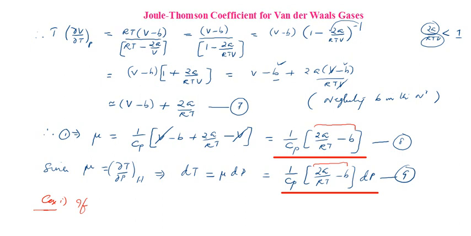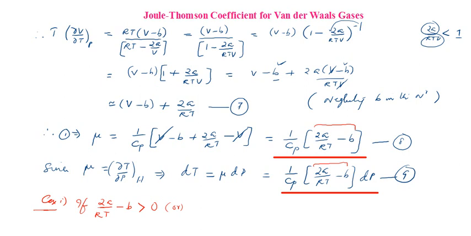So if 2a by RT minus b, that entire bracket, is greater than 0, let me take it like this. I am interested in the temperature, so rearrange this equation in terms of the temperature.